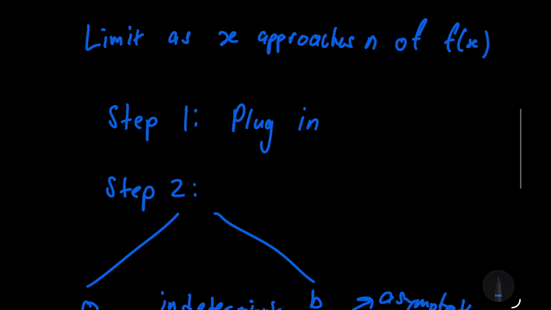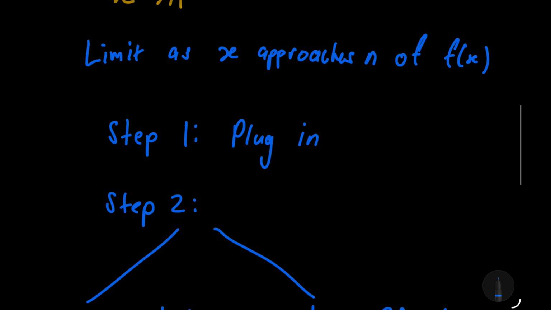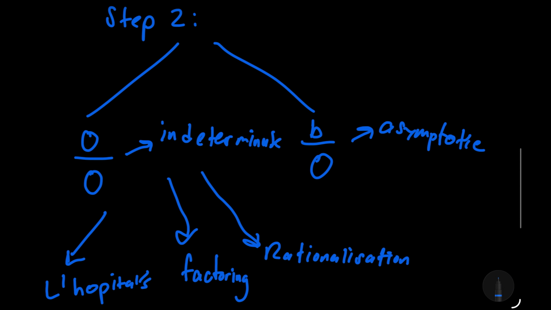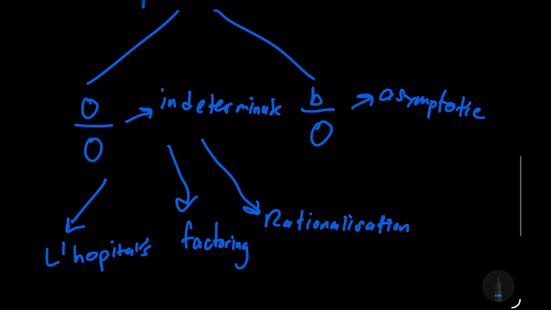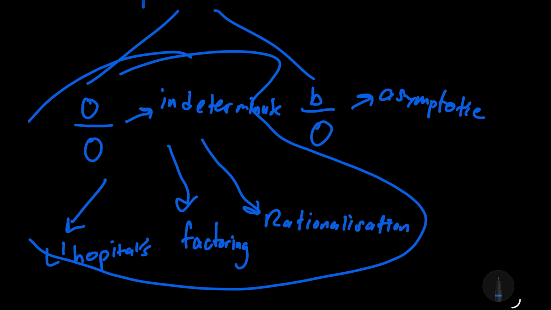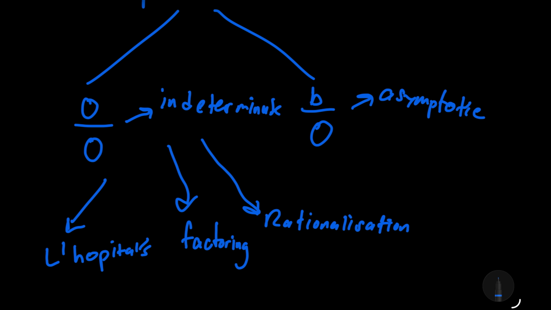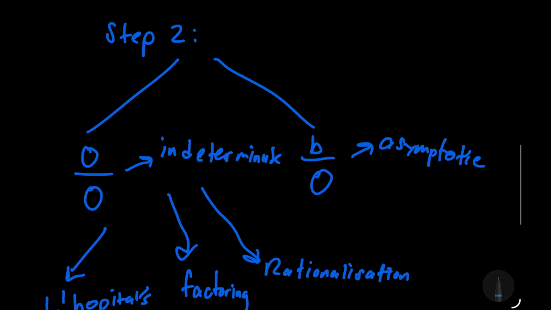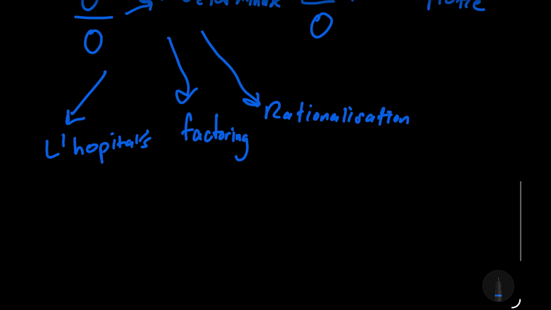So this is sort of our process here. Step 1, if plugging in doesn't work, if we can't plug in the value, then step 2: either it's going to be 0 over 0 or it's going to be b over 0. B over 0 is going to be an asymptote and we can't really do much about that. But if it's 0 over 0, it's an indeterminate form, and that means we can actually mess with it a little bit more. So today we're just going to be doing some examples for these limits. So let's get into it.